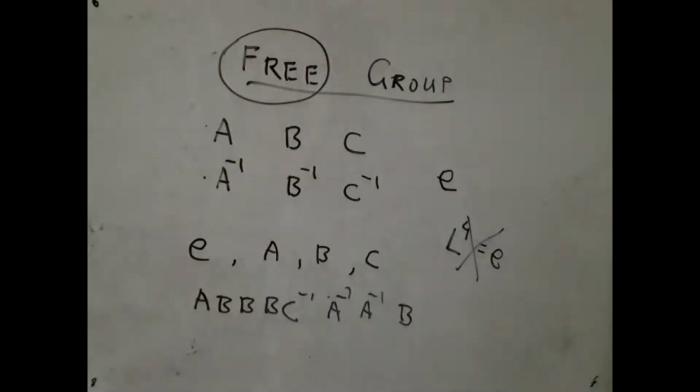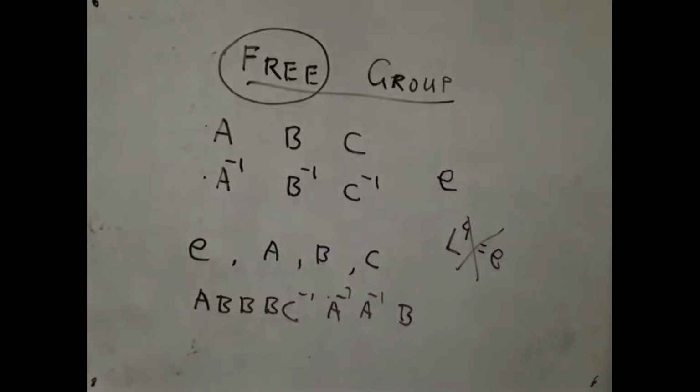Now you might be wondering why the free group will be interesting. The free group is interesting because this is often the starting point of creating a new group abstractly. In fact, we can say that the Rubik's Cube group started out like that.